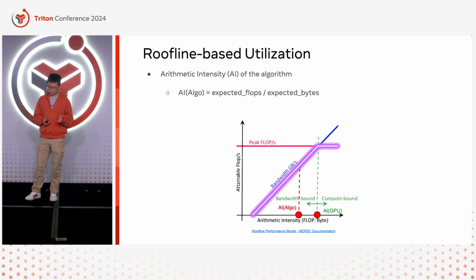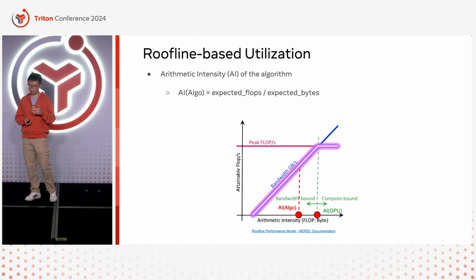Then on the figure, we can see that if the arithmetic intensity of the algorithm is less than the arithmetic intensity of the GPU, then it falls into the memory-bound case, which means that the peak flops cannot be the peak flops achieved by the GPU. Instead, it's limited by the memory bandwidth, so it's lower than the actual peak we can achieve. We can only use this for reference of the algorithm. Otherwise, if the arithmetic intensity falls into the right side, which is greater than the arithmetic intensity of the GPU, then we see this kernel is compute bound.